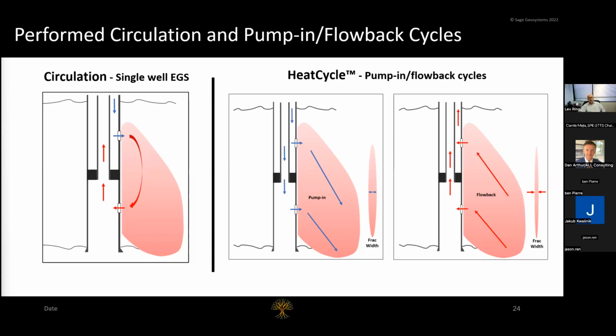And then we shut in, and when we opened, all the fluid came back. And so what we realized is that we can actually operate this fracture as a huff and puff. We can pump in, inflate the fracture, and then it will flow back with the pressure.